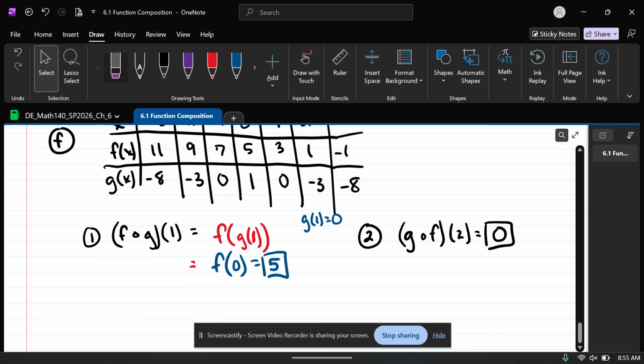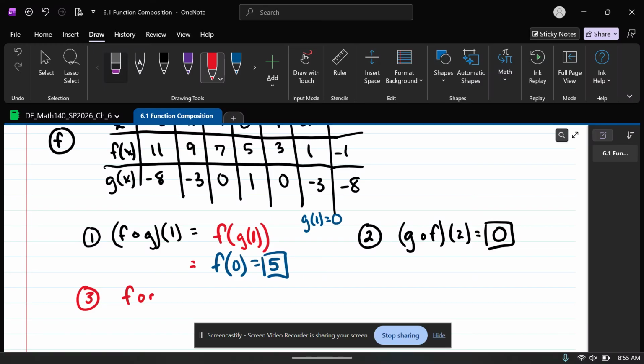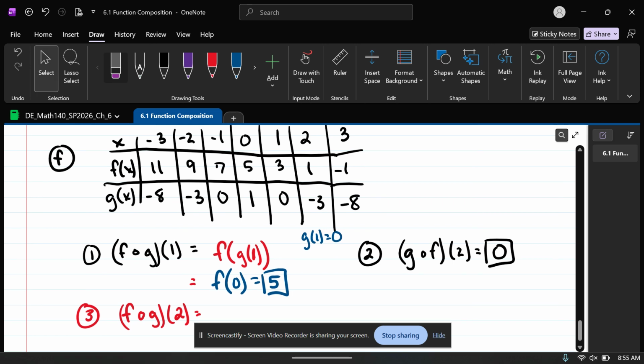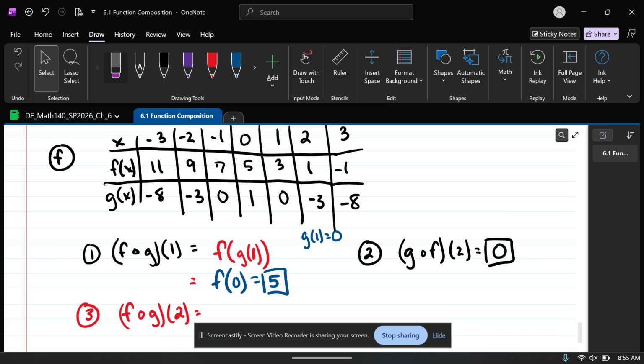Let's do another one. Let's do the other direction with that. F composed with g of 2. So the other direction with that same starting x value. Okay, so where do we go first? 2, -3.